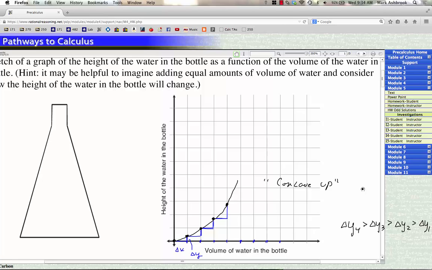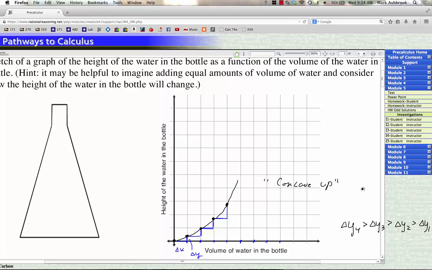And this means the rate of change is doing what? Increasing, staying the same, or decreasing? Rate of change is increasing because the changes are increasing. So analyzing the rate of change comes right out of analyzing the individual changes.